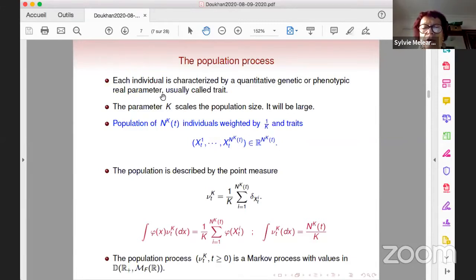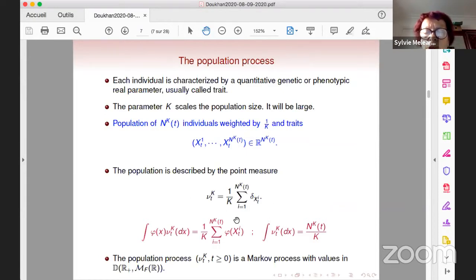But since the number of individuals is moving in time, it's better to describe the dynamics differently. Instead of considering this vector, we prefer to consider a point measure, which is essentially the same thing, but easier for describing the dynamics.